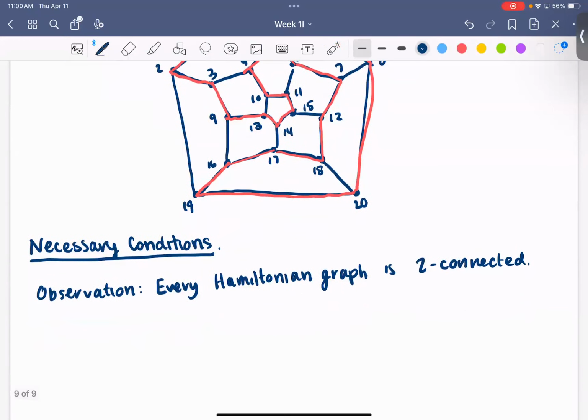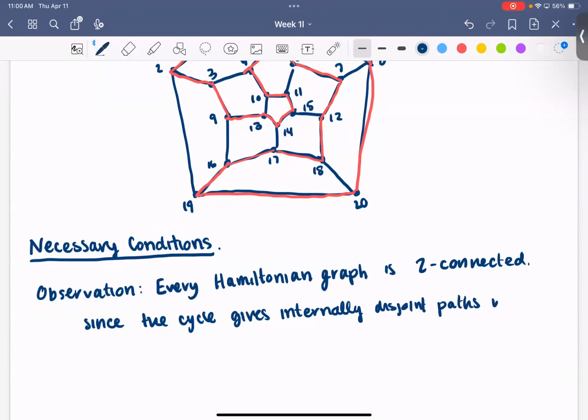So since the cycle gives internally disjoint paths between every pair of vertices, this is a necessary condition for a graph to be Hamiltonian. It would have to be 2-connected.